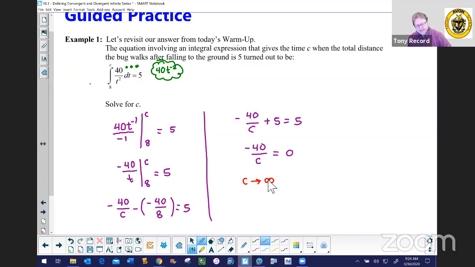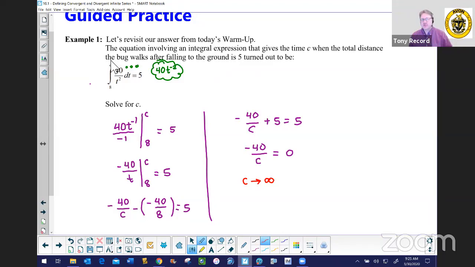We're saying that the time that this bug would have to walk along that door track to achieve a total distance traveled of 5 would have to be infinity. Poor bug. He's going to have to walk the rest of his life. And then we have to address the question, does he really ever reach that total distance traveled of 5?